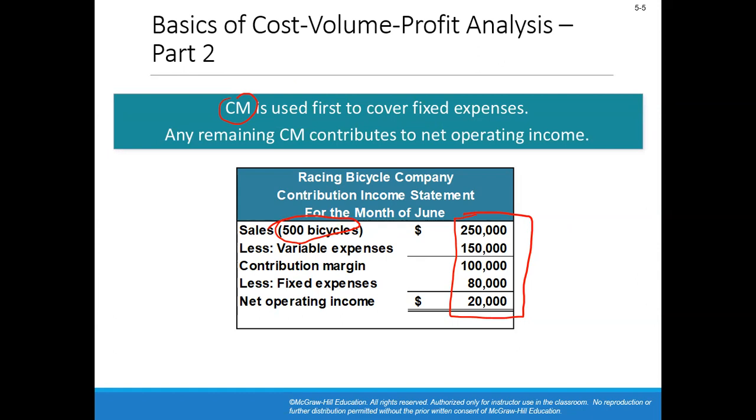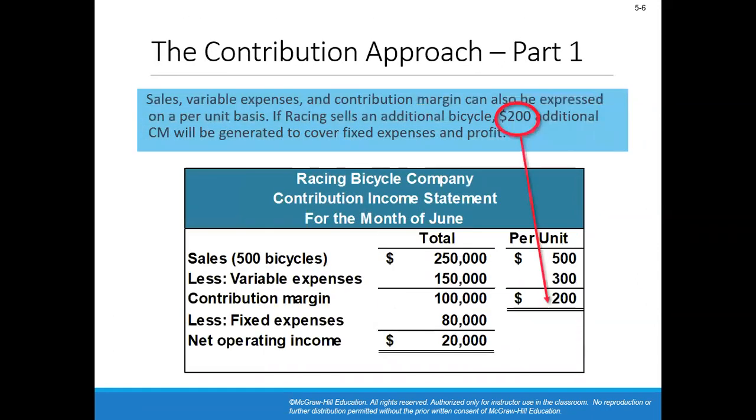So what can we do? We can insert a new column on the right side, and see what happens on a per unit basis. For 500 bicycles, we have 250,000 sales revenue. We can get the per unit selling price by dividing this number by 500, so the selling price per bicycle is $500.